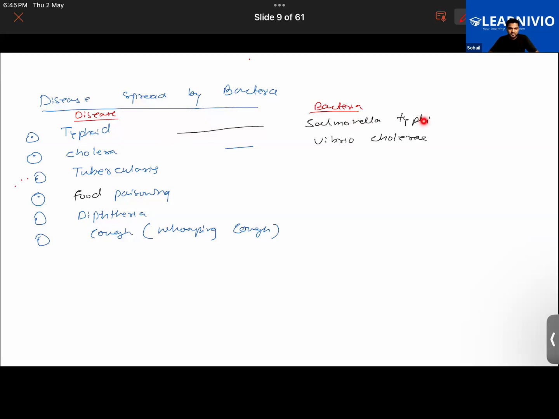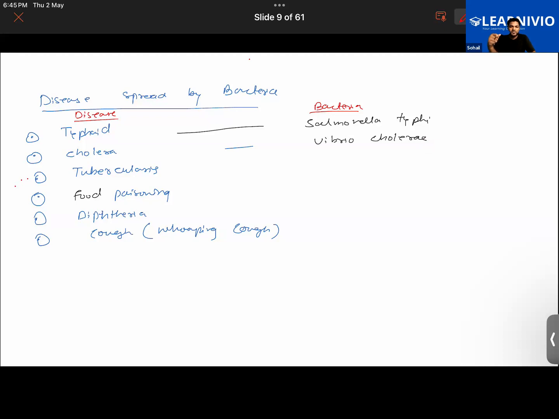Talking about cholera, this disease particularly affects the intestines. It will affect your small intestine particularly, and your body will start to secrete lots of water.